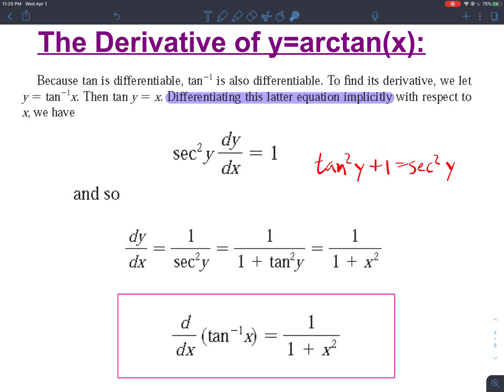Just like we did earlier on the inverse sine function, tan of y equals x, so tan squared of y equals x squared. So very simply, the derivative of inverse tan is 1 over 1 plus x squared. Very simple, elegant proof, works out nicely. This one must be memorized, just like the inverse sine function.